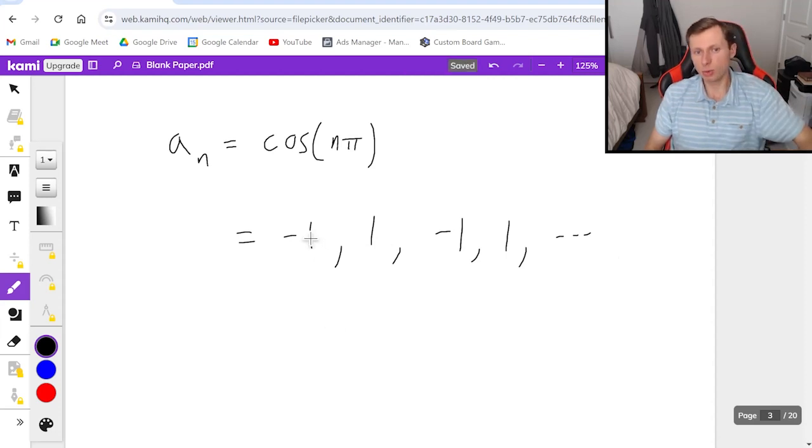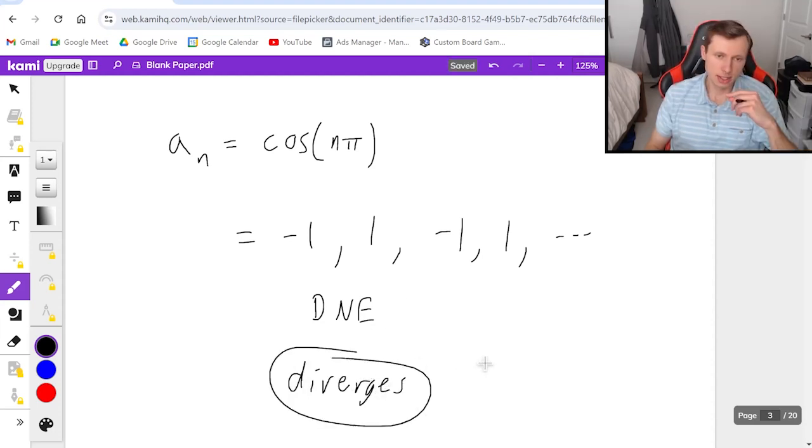Because we're going back and forth between negative 1 and positive 1, and we're not settling on a single number, we would say that this limit does not exist, and the final answer is diverges. And if some of you think that the answer is 0 because you watched that one Numberphile video, no, you are wrong. Every college professor and high school teacher will say this diverges, so you should too.